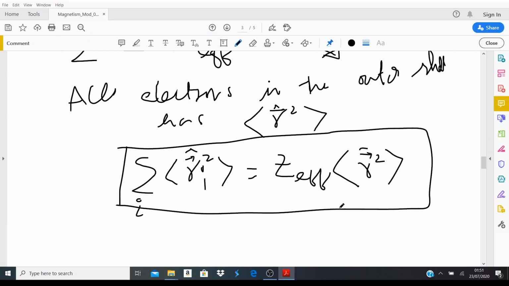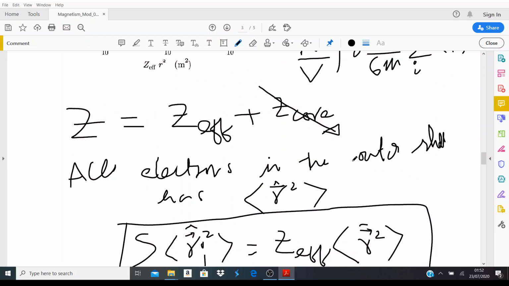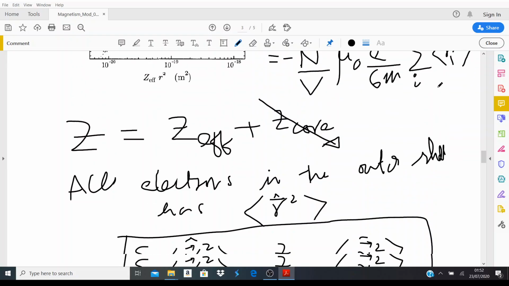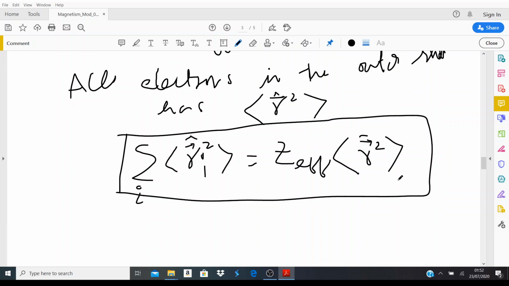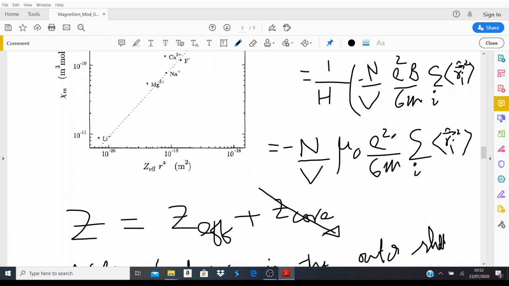So this quantity represents the total area of the electrons around the outermost shell of the atom, right? So that's why instead of this expression, you can set up this expression.